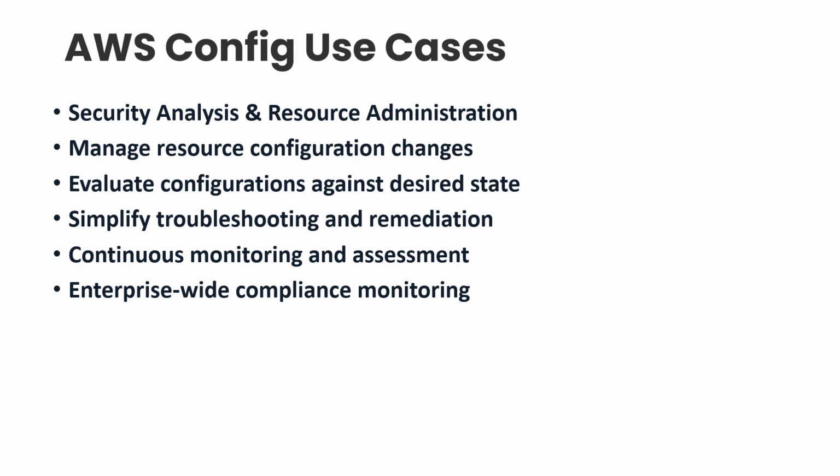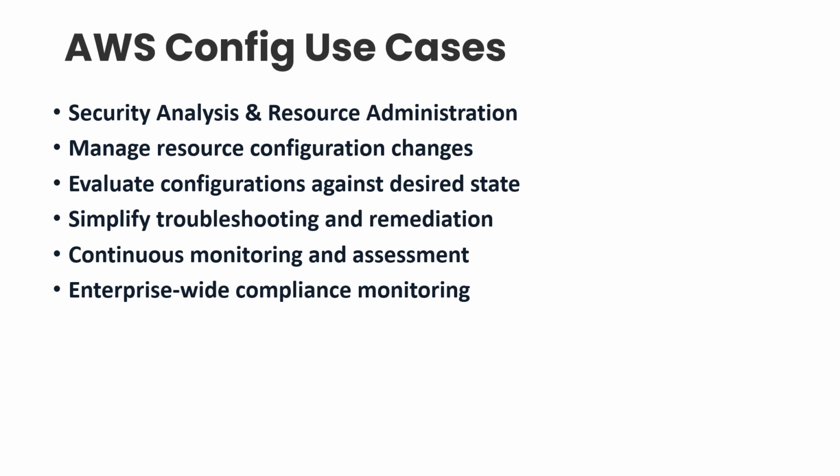There are different kinds of use cases of AWS Config. AWS Config is used for security analysis and resource administration. As I specified, security group is one example, encryption is another example. Manage resource configuration changes.